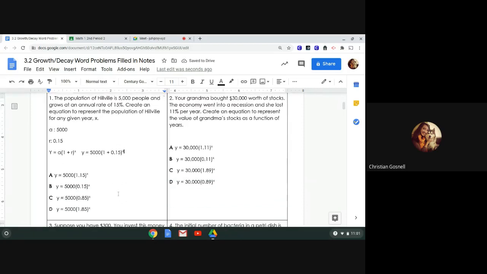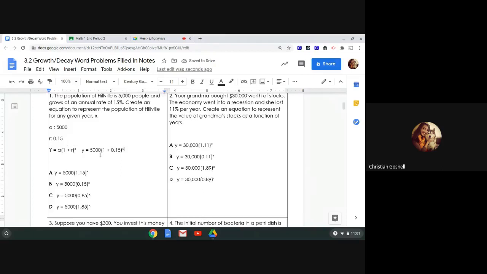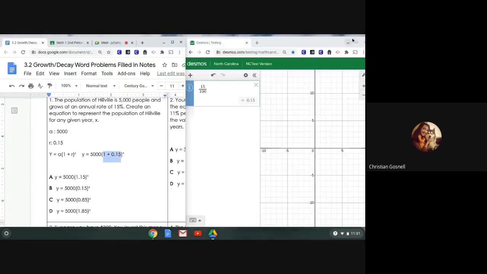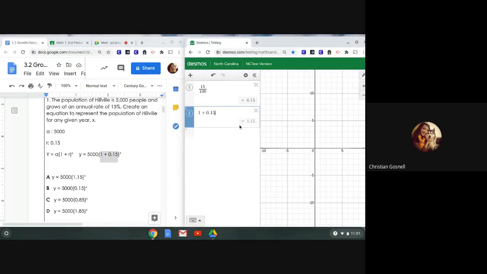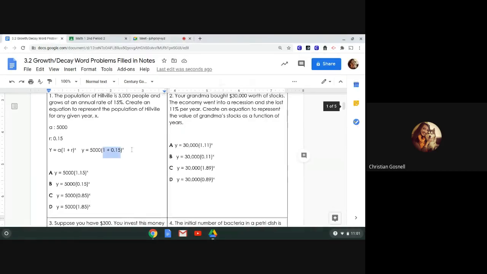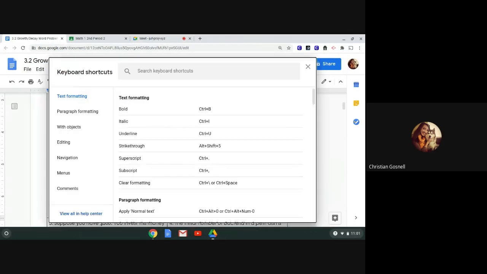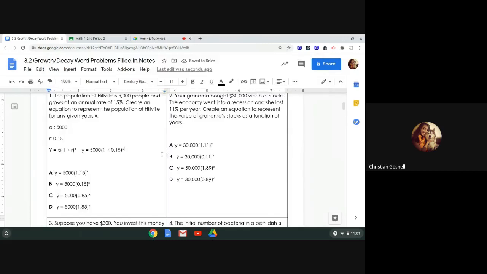In the answer choices I don't see that plus, which means what's inside the parentheses has been simplified. Adding that together, I get 1.15. So this equation is y equals 5,000 times 1.15 to the power of x. That would be A.